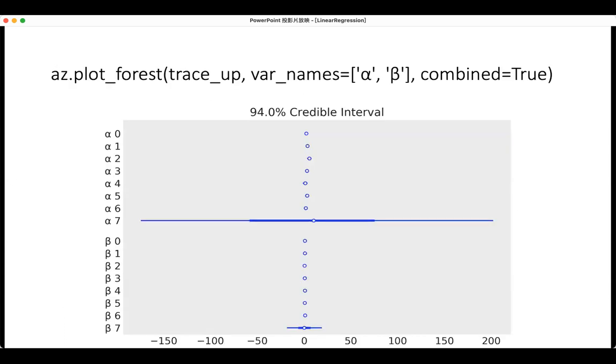For a group with only 1 point, if you try to analyze each group using a linear regression model, obviously that group has a problem.